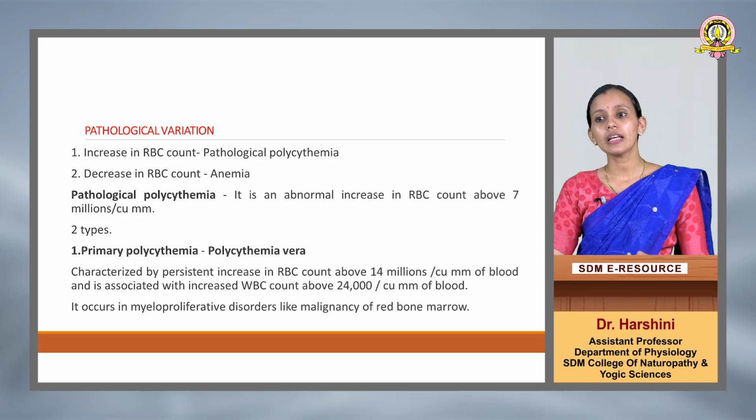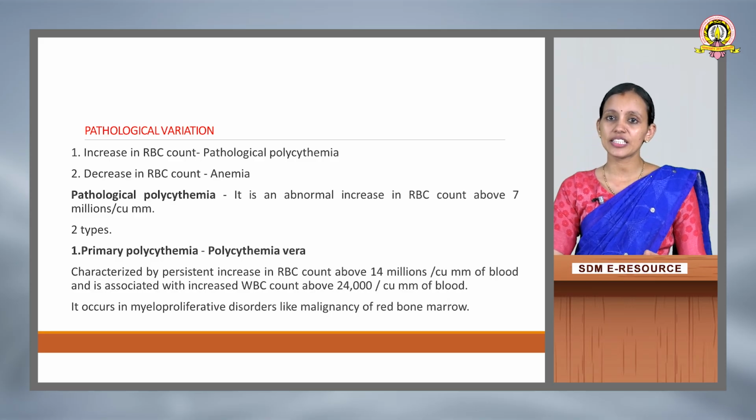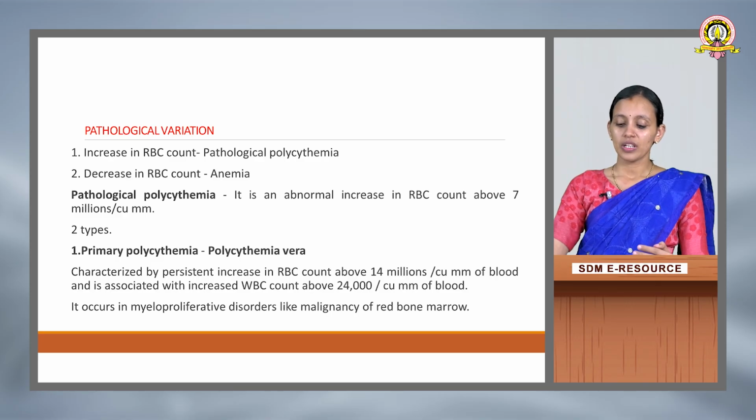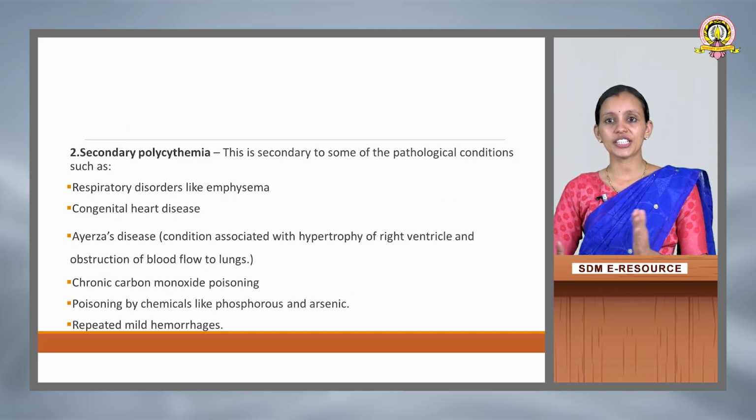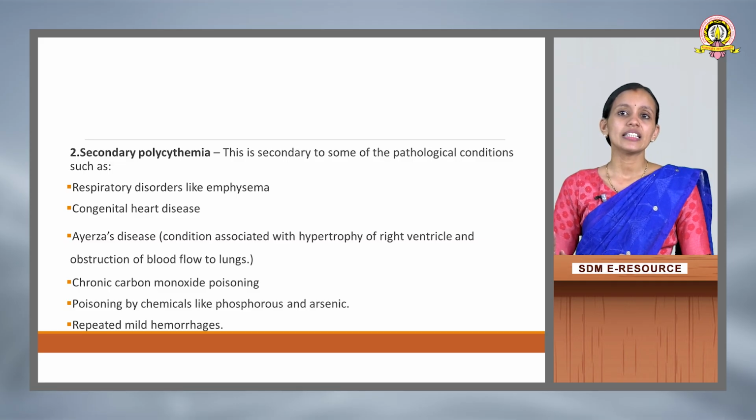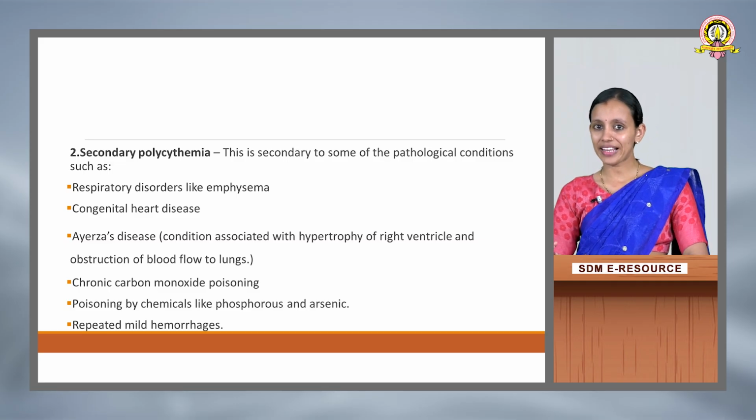It occurs mainly in myeloproliferative disorders like malignancy of the red bone marrow. That is called primary polycythemia. In the next session, let us discuss secondary polycythemia. Thank you.